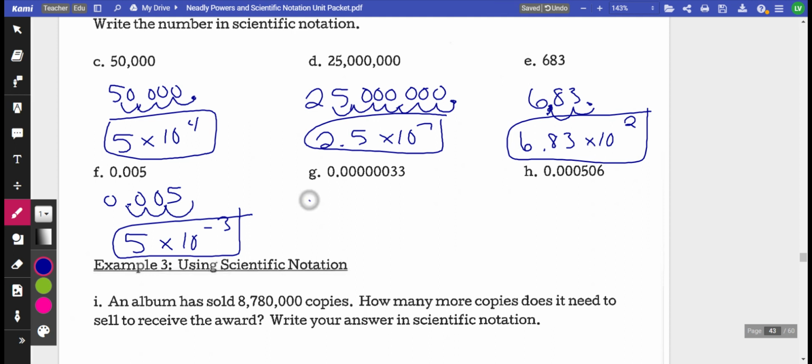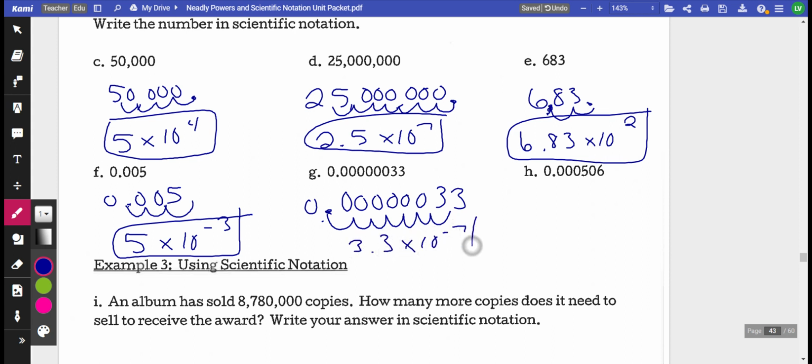For letter G, I have a 0 and then 6 zeros after the decimal point. I like to rewrite it to give myself more space and move this 1, 2, 3, 4, 5, 6, 7 times. So 3.3 times 10 to the -7th.